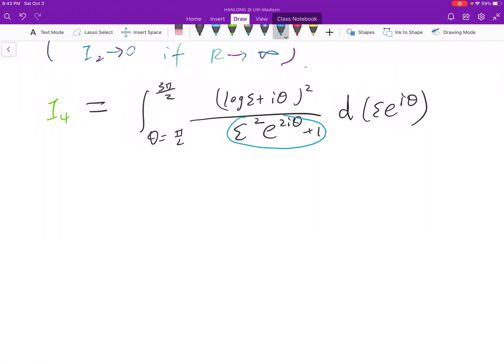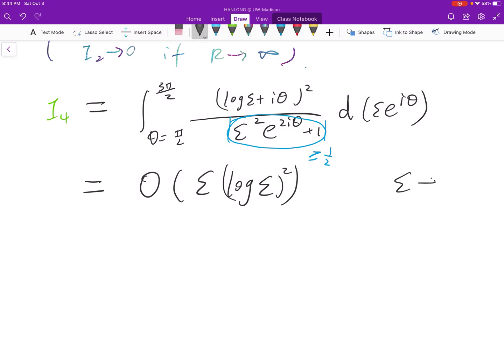For the denominator, the norm is at least 1/2 because epsilon is small. Then we can conclude this is bounded by epsilon (log epsilon) squared when epsilon goes to 0. And the conclusion will be I4 goes to 0 as epsilon goes to 0.